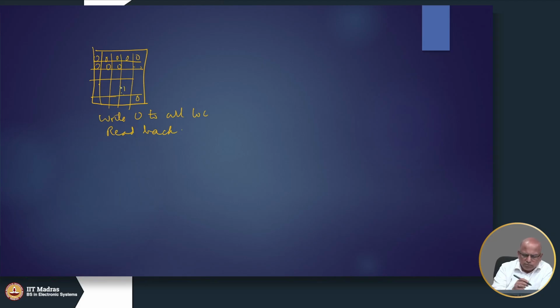Suppose when I read, I got a 1. Obviously, there is some reason for that. It could be a cell stuck at 1, or it could be an inversion coupling or an idempotent coupling between any of the cells. It doesn't matter what the reason is, there is some problem. How long does it take to do this? If there are n bits in the memory, then we have n writes and n reads.